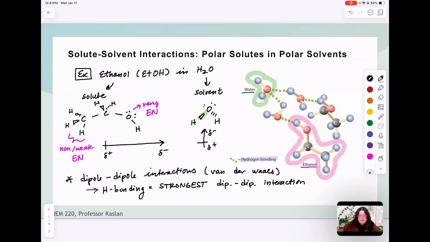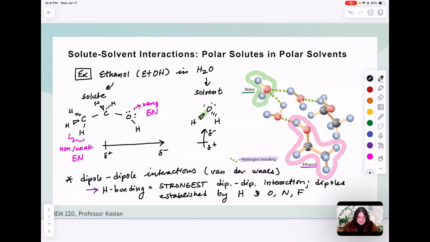And this is just due to the strength of the overall molecular dipole, because we are looking at dipoles that are established or brought into existence by hydrogen, which again is incredibly weakly electronegative, and very electronegative substances like oxygen, nitrogen, and fluorine.